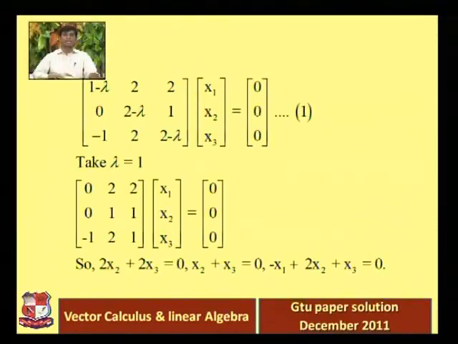So 0 2 2, 0 1 1, and minus 1 2 1, into x1, x2, x3 is equal to 0, 0, 0. Solving this, you get 2x2 plus 2x3 equal to 0, x2 plus x3 equal to 0, and minus x1 plus 2x2 plus x3 equal to 0.